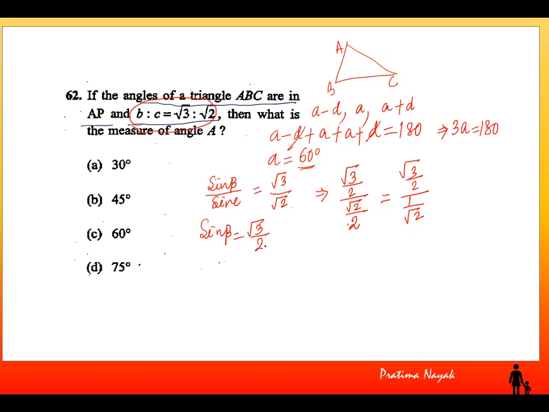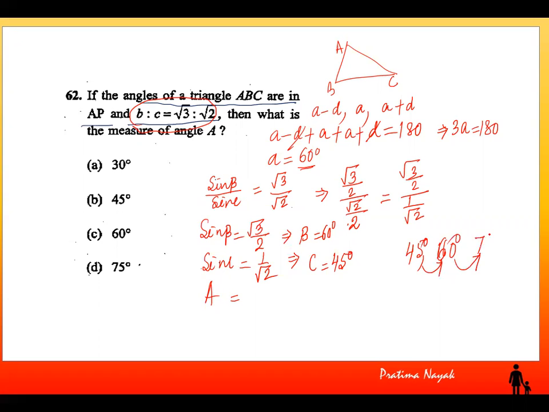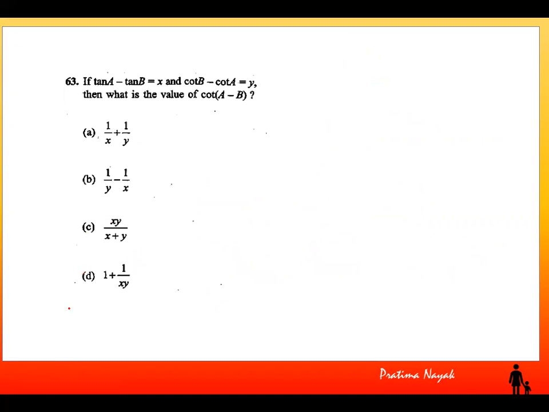This gives you b is equal to 60 degree. So this is the middle value. Now come to sine c. Sine c is equal to 1 by root 2. That means c is equal to how much? 45 degree. Then what will be a? It should be greater than b. One is 45, one is 60. So next will certainly be, this is the 15 difference, d is 15, so it will be 75 degree. So a is equal to 75 degree. A is the answer. D is the answer.